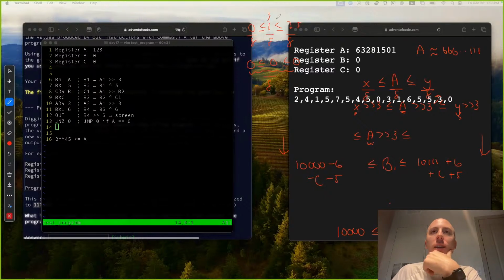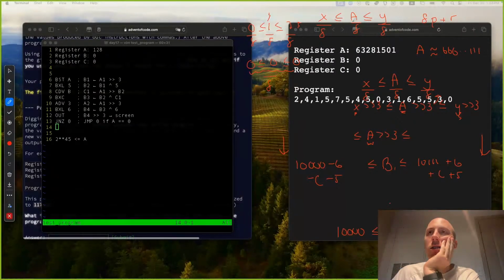So when you divide any of these by 8, if you take A and divide it by 8, you're going to get 8 times some quotient plus a remainder.